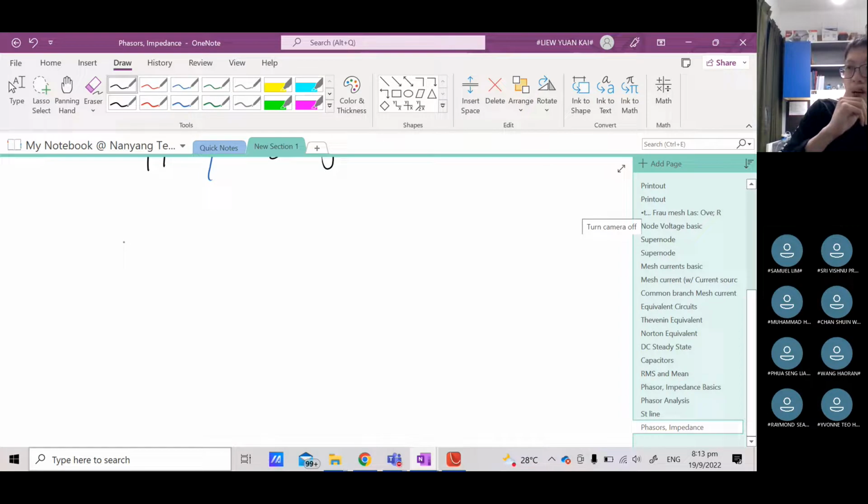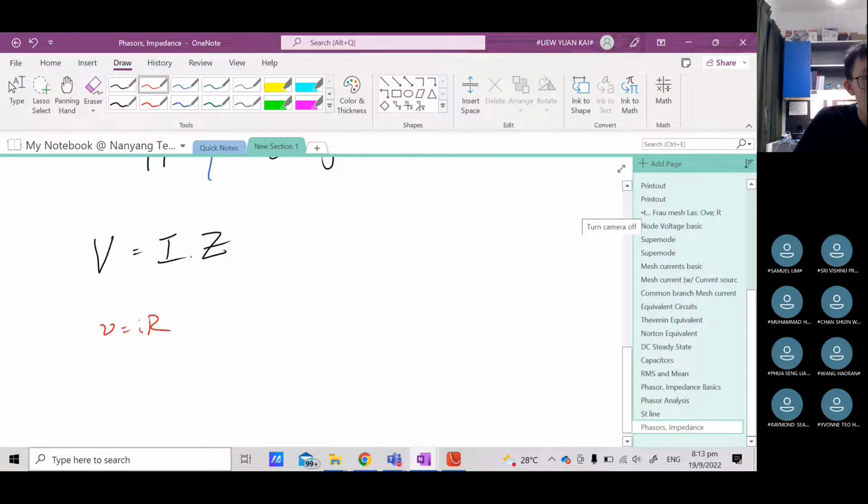So let's start with this. There's a formula relating the phasor voltage, the phasor current, and impedance. Does this look familiar to you? This looks like Ohm's law, correct? Ohm's law tells you V is equal to I times R. And this is the same thing, but now all of them are complex numbers. Remember this is capital V. Capital V is a phasor, and a phasor is a complex number.